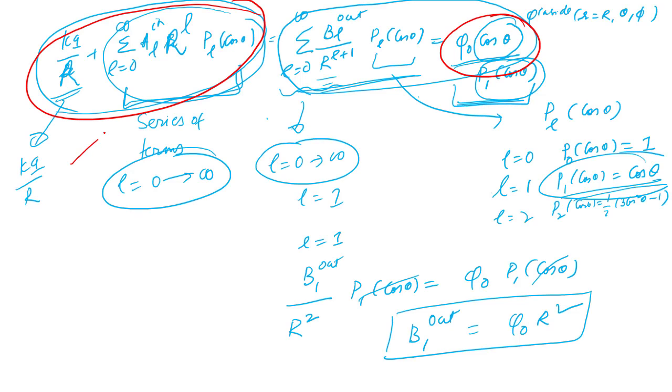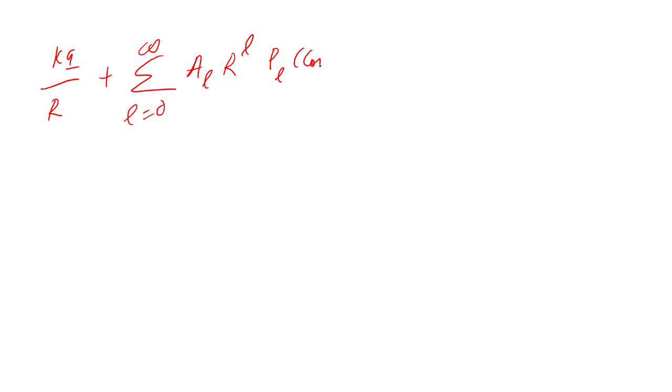So I'm equating this part inside to the boundary condition. We got this by equating the potential outside to the boundary condition. So if I equate the potential inside, that is KQ by R, plus a series of terms going from L equal to 0 to infinity, A_L R to the power L, P_L of cosine theta, equal to phi 0 times P1 of cosine theta.